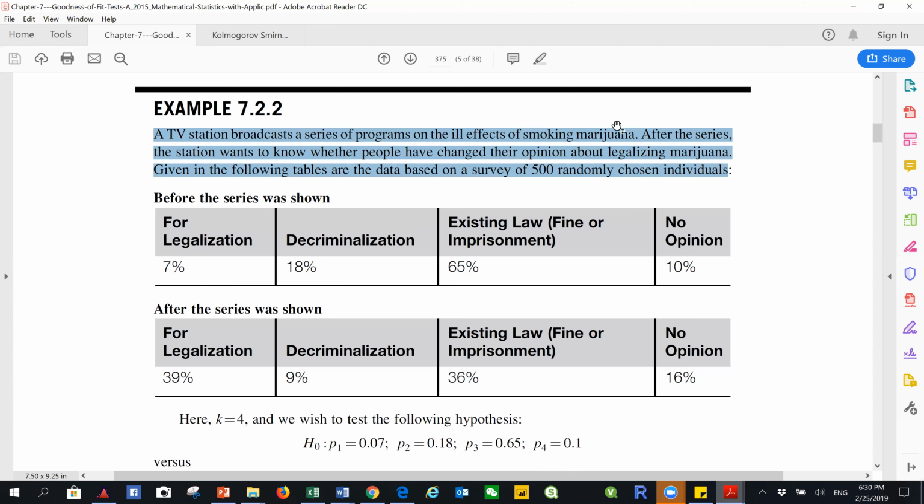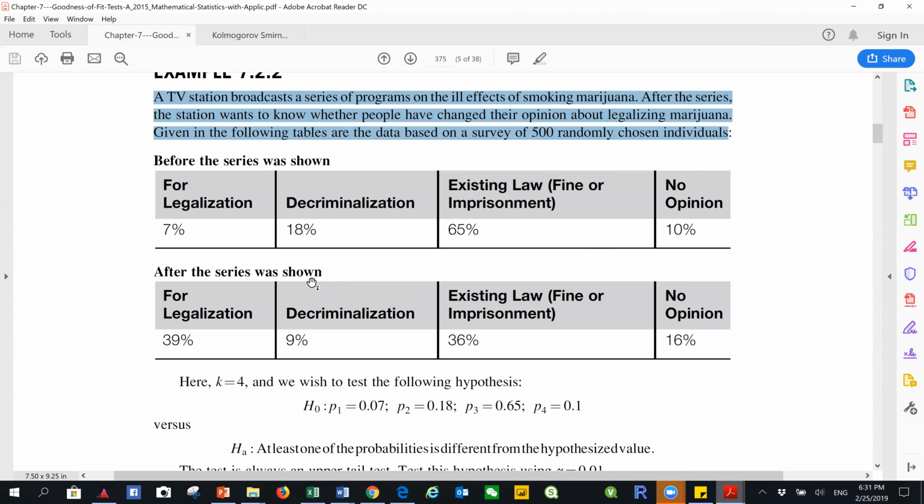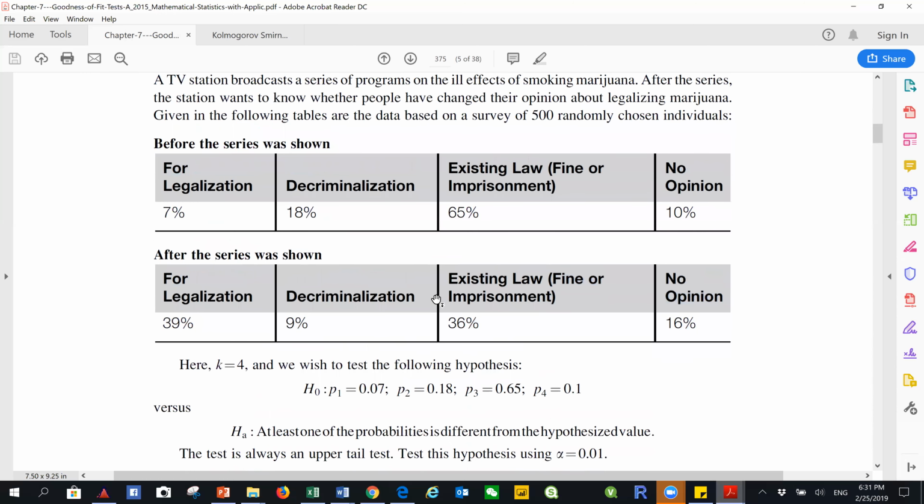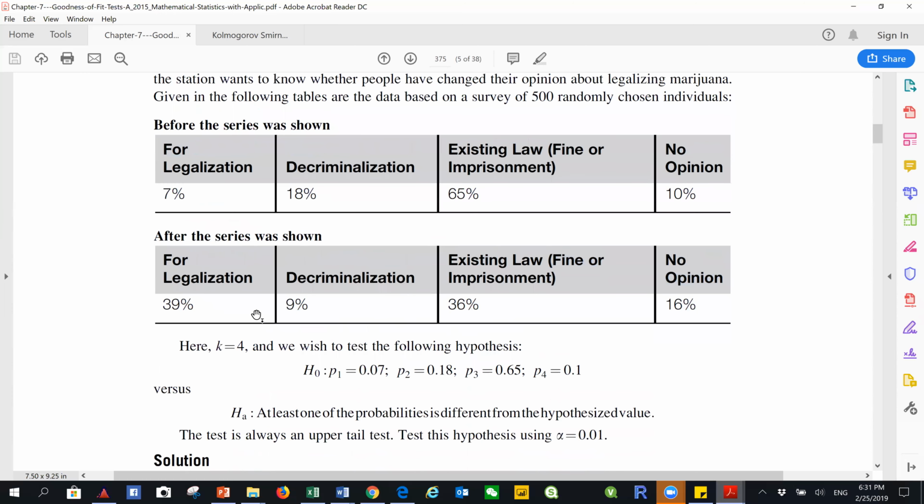So they want to change people's minds with the TV broadcast. If there's no change of mind, then the distribution will be similar. If there's a change of mind, the distribution will be significantly different.